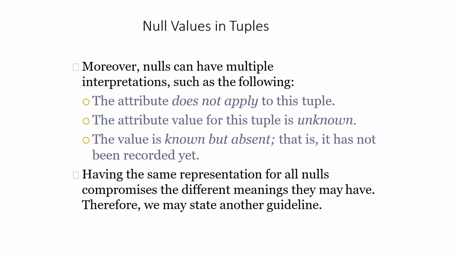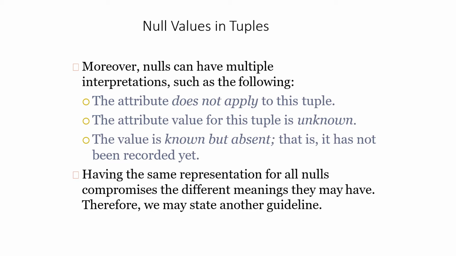The first situation is when the attribute does not apply to the tuple. If somewhere it is written, what is your favorite book, and you don't have any favorite book, how would you write its name? Suppose the value for the tuple is unknown. Okay, so the value is unknown in itself, then what will you write?